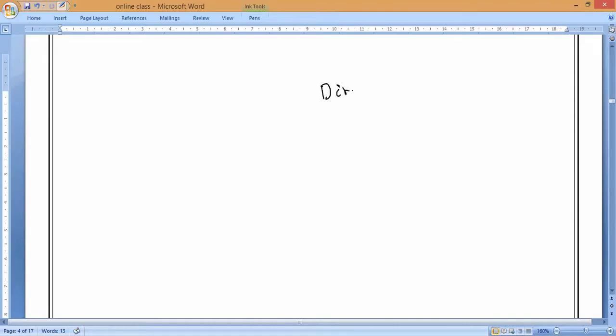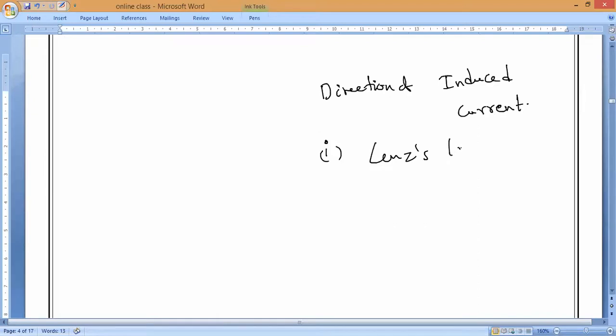Understand everyone? So the direction of induced current by using two methods. One law is called Lenz's law, which we will study in the 12th class. It is not needed now. The second law we will study in class 10th, which you all already know.